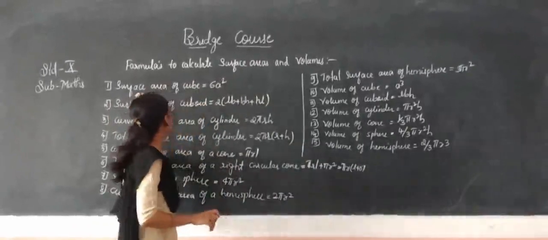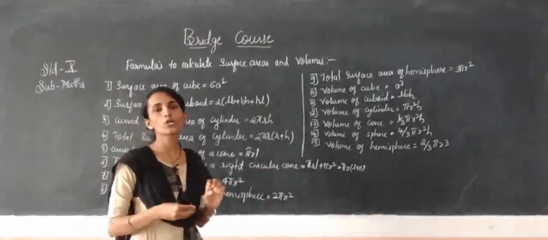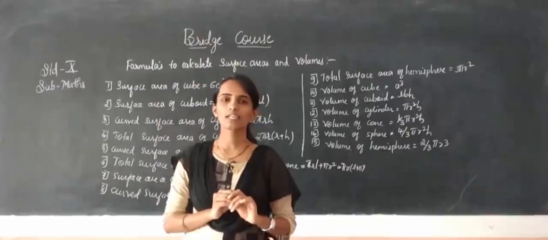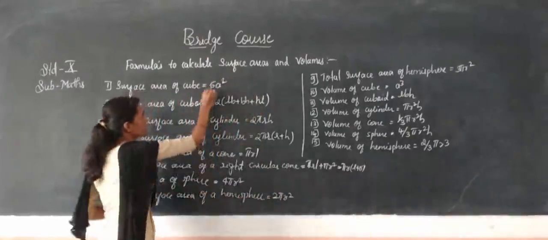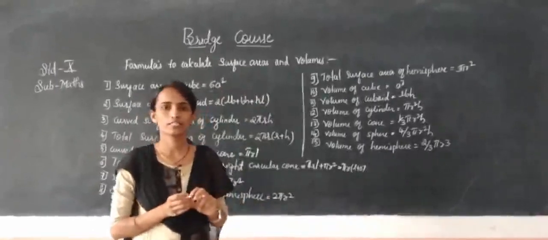First is the surface area of the cube. The surface area of the cube we measure with the formula 6a square. Here 6 is because there are 6 faces, and a is the length of each edge.